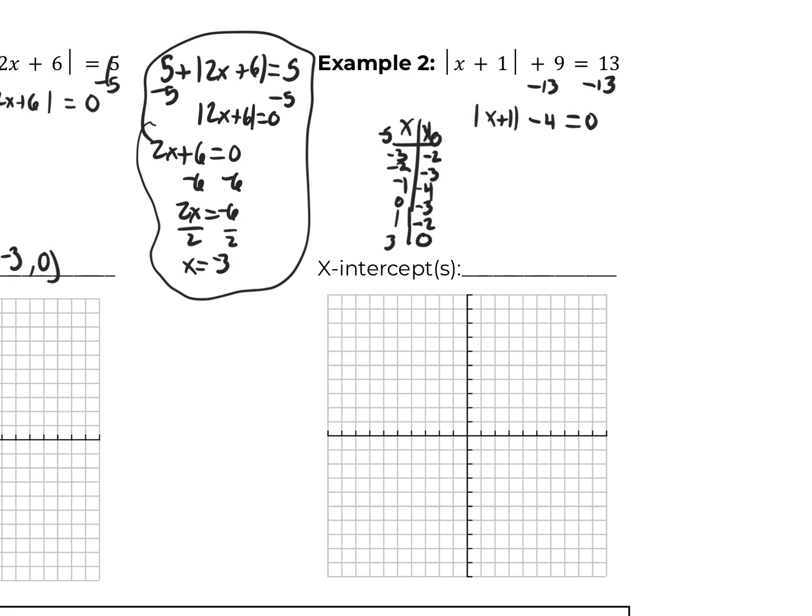So we've got points at negative 5, 0; negative 3, negative 2; negative 2, negative 3; negative 1, negative 4; 0, negative 3; 1, negative 2; and 3, 0.